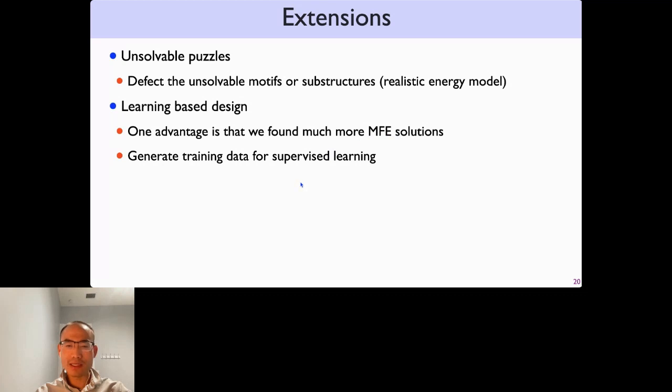Because currently the available MFE solutions are much more than before with the open source of our method, I believe the results of supervised learning can really be improved. Yeah, just benefiting from the large amount of training data.